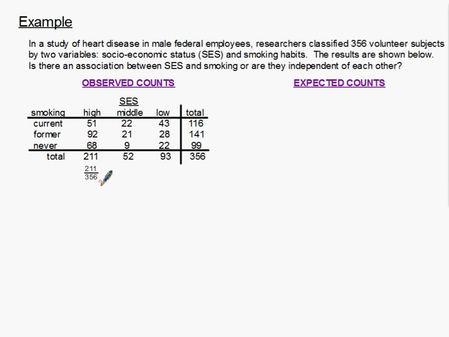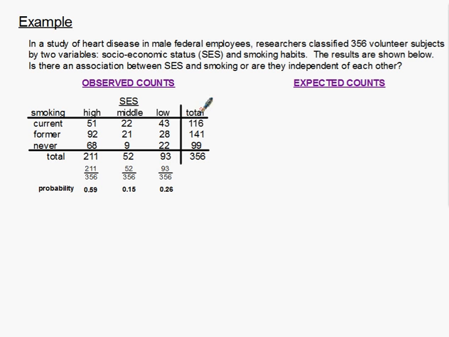Well, that would be 211 over 356. And we could figure out that that probability is 59%. Well, what's the probability of randomly selecting someone who's in the middle socioeconomic status or the low socioeconomic status? We can get those probabilities based on our first variable of socioeconomic status.